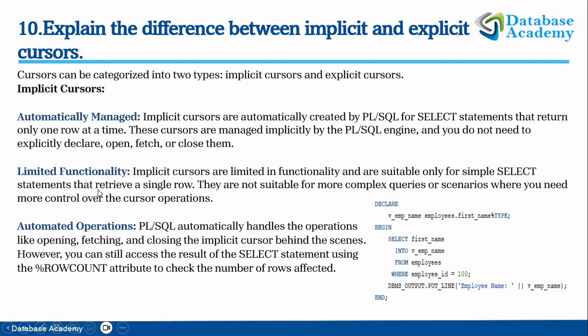That's why it has limited functionality. We cannot write our own logic here. Automated operation: because the implicit cursor is handled by Oracle, we don't need to take care of open, close and fetch. So that's the use of an implicit cursor.